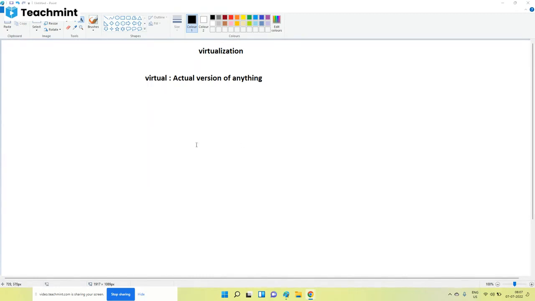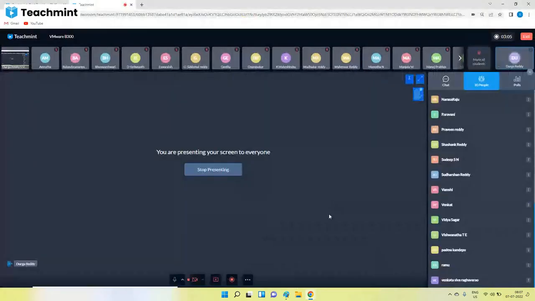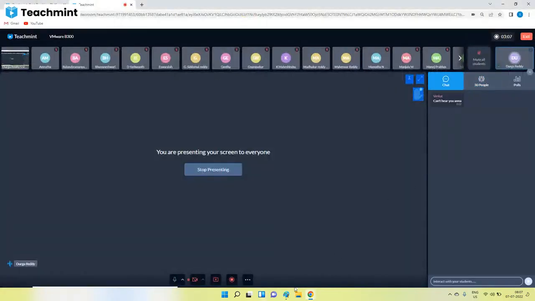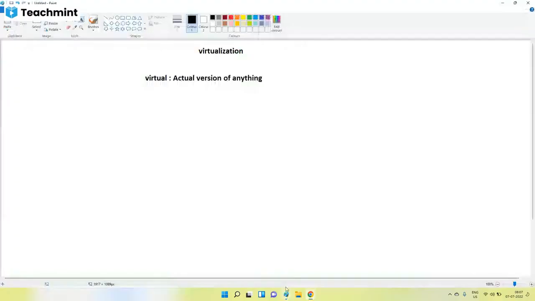Even before, if you came directly to the class, whatever I explained, the outcome you got, let's say you understood what is a virtual machine, what is ESXi. Even now, from a remote location via virtual class, you are able to understand. Same output you are getting, even instead of physical presence. So my classroom is virtualized.